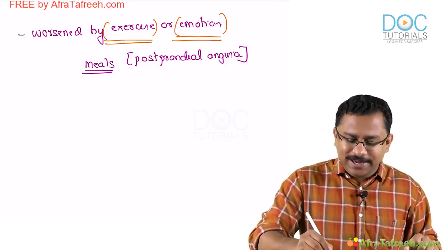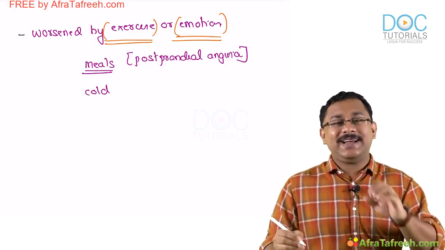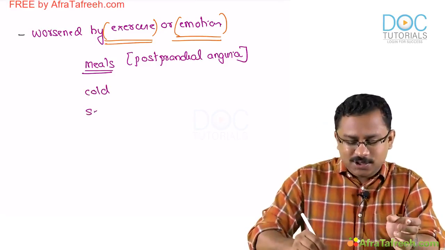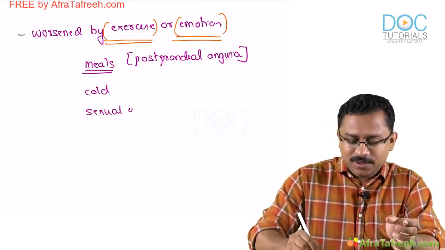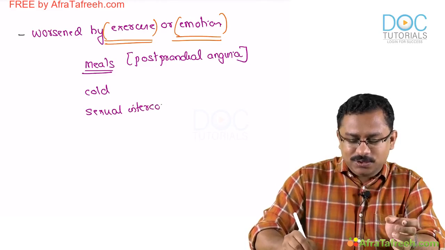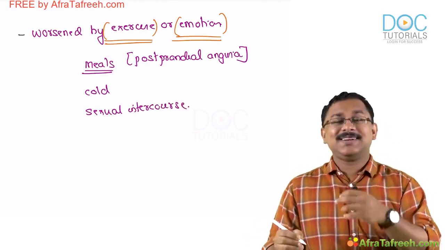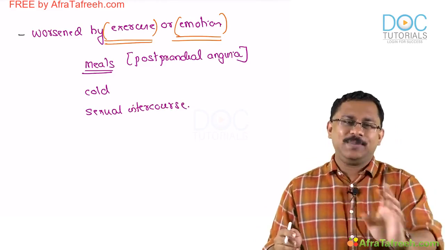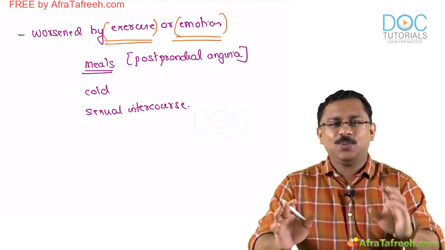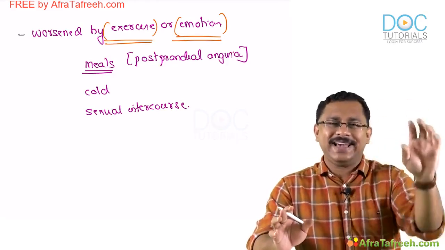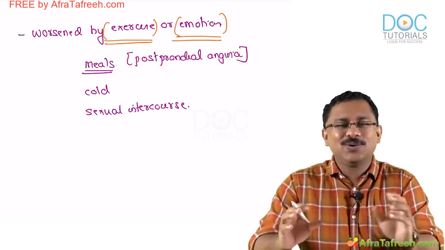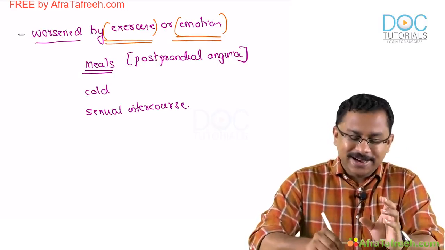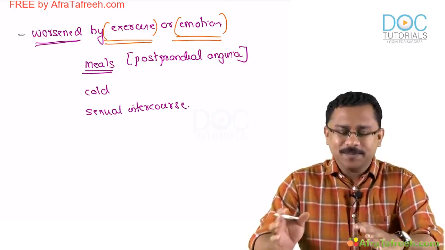And sometimes cold exposure can act as a trigger, even sexual intercourse can act as a trigger for an anginal episode. So this is point number 2. Point number 1 we learned regarding the characteristics of the pain. Point number 2 is regarding the factors that would worsen this pain.